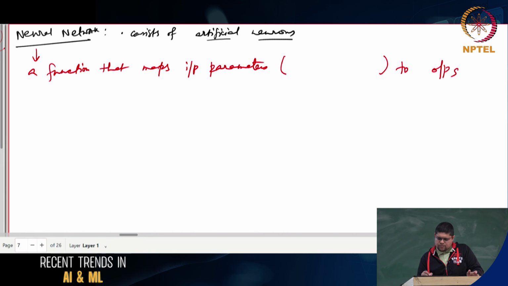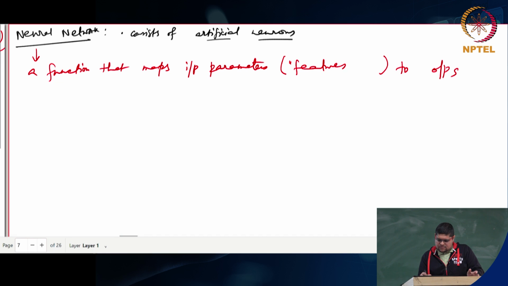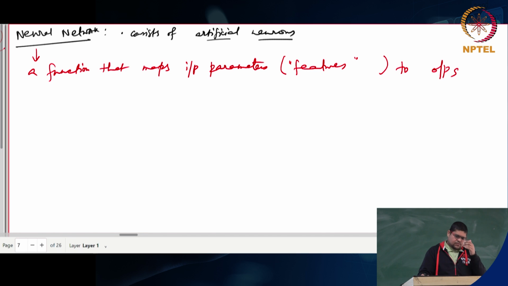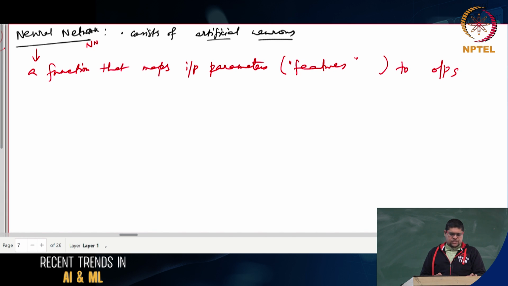What these input parameters are, we just talked about: features. So that means a neural network is nothing but something we will look at in terms of some function. So what are the applications? Just one talk was there, right? AI. So all are the applications you may think of.